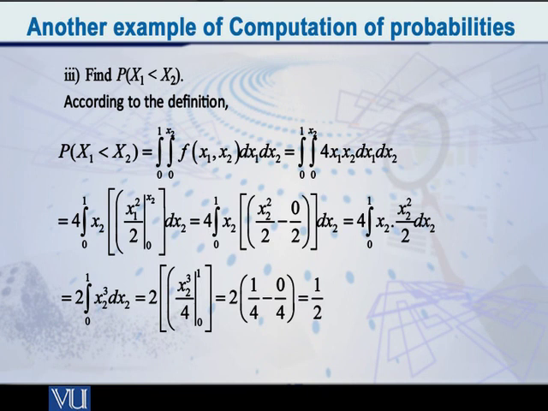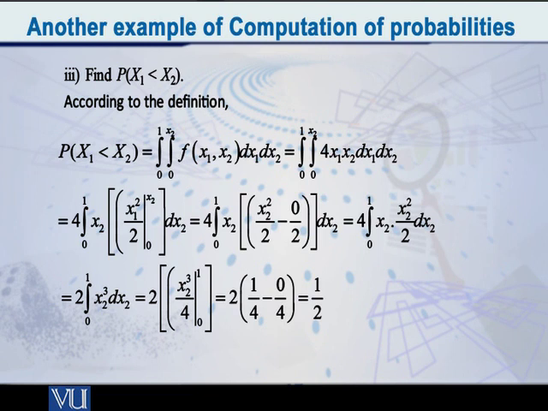All right, now that we've got all this, now we can simply solve it. पहले आप अंदर वाला solve कीजिए and keep in mind कि अगर हम x1 के हिसाब से solve कर रहे हैं तो x2 is acting as a constant, and then you do all the steps as you can also see on the screen. And once you have got that, उसके बाद आप वो बाहर वाला इंटीग्रल जो कि x2 के हिसाब से है उसको सॉल्व कीजिए, and doing all those steps you obtain this particular probability equal to 1 by 2.